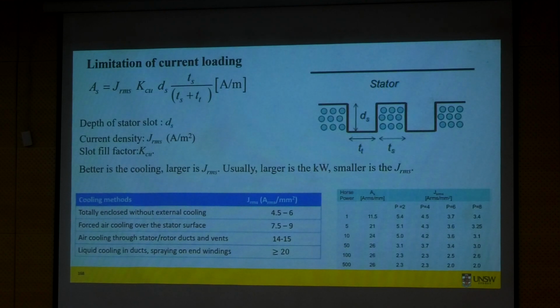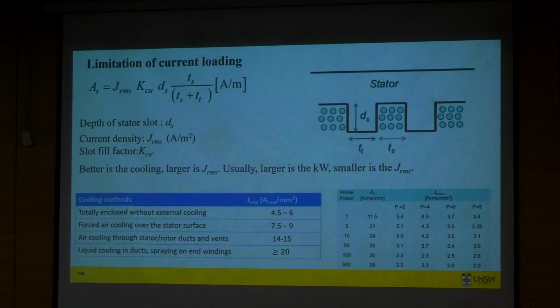Now, if you are going for a smaller size, you will have a smaller diameter, which means your slots are very narrow or very small. So your slot area is smaller, right? First you need to see whether you can fit your conductors there. You have decided a certain number of turns as well, and a conductor size. So you have to see whether you can fit them in or not.